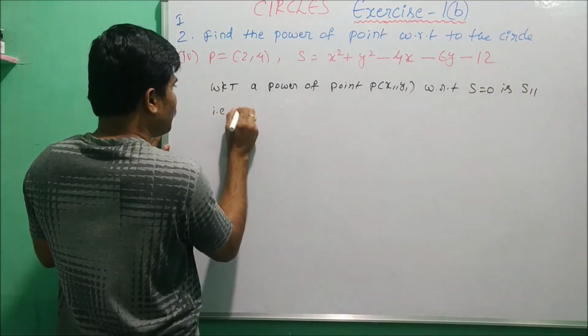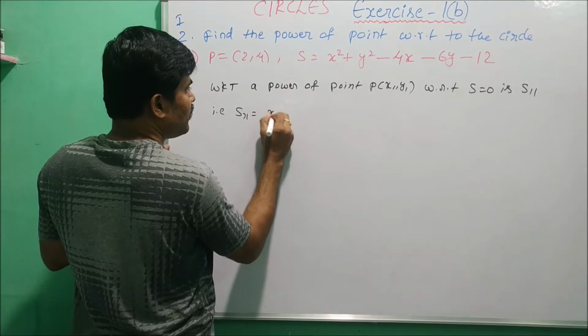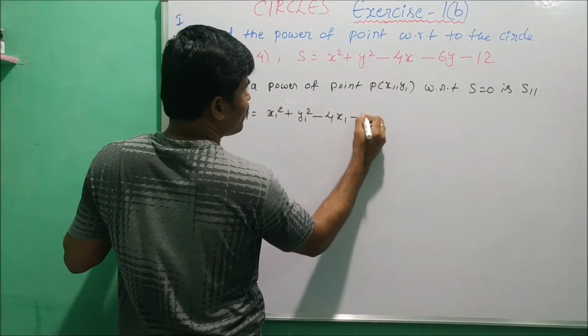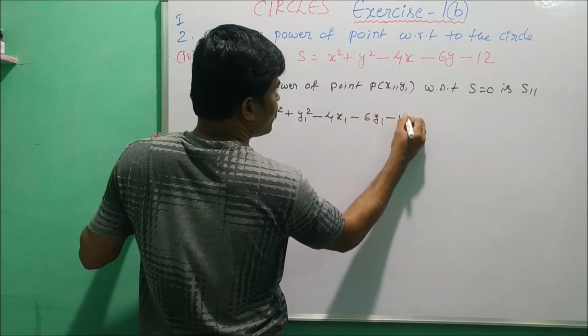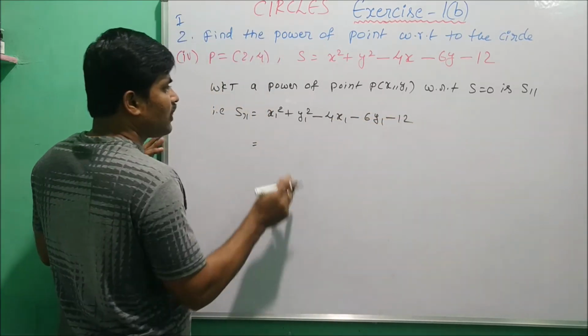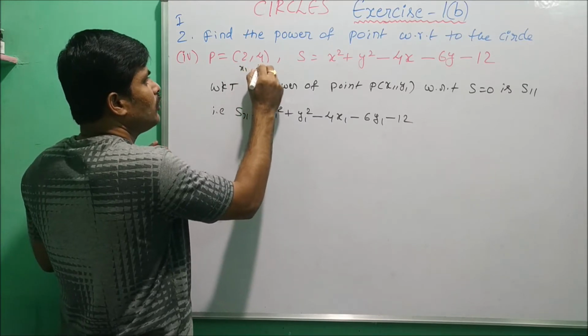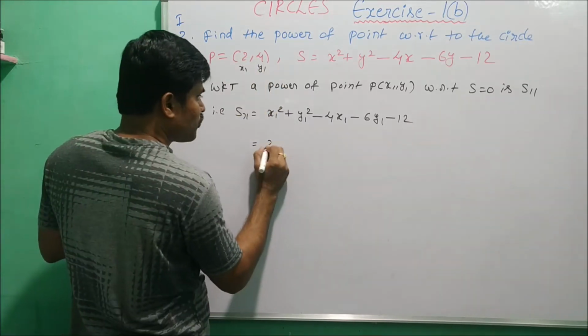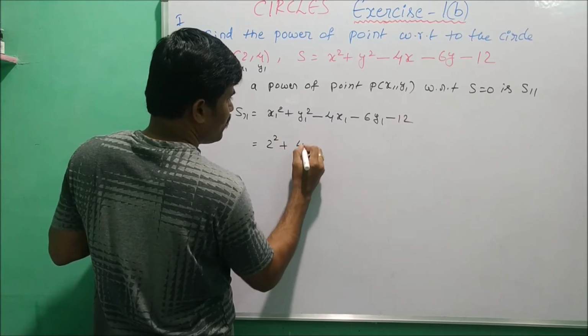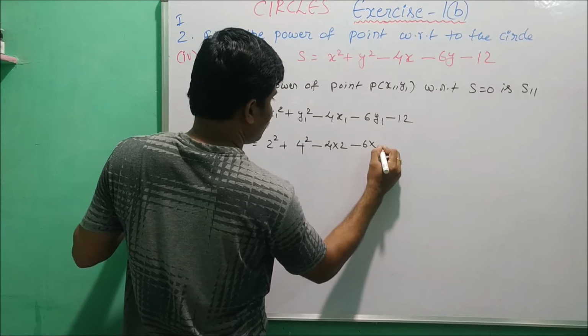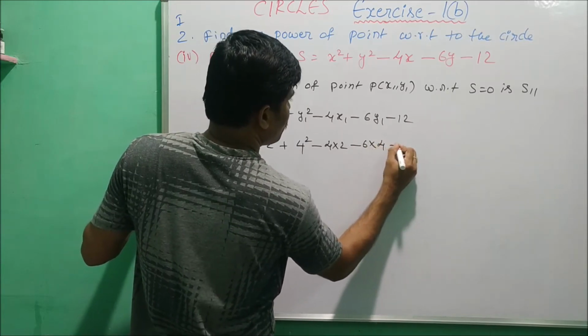That is, S11 is x1 square plus y1 square minus 4x1 minus 6y1 minus 12. Now here also we have to substitute x1 y1. Here x1 is 2, y1 is 4. So 2 square plus 4 square minus 4 into 2 minus 6 into 4 minus 12.